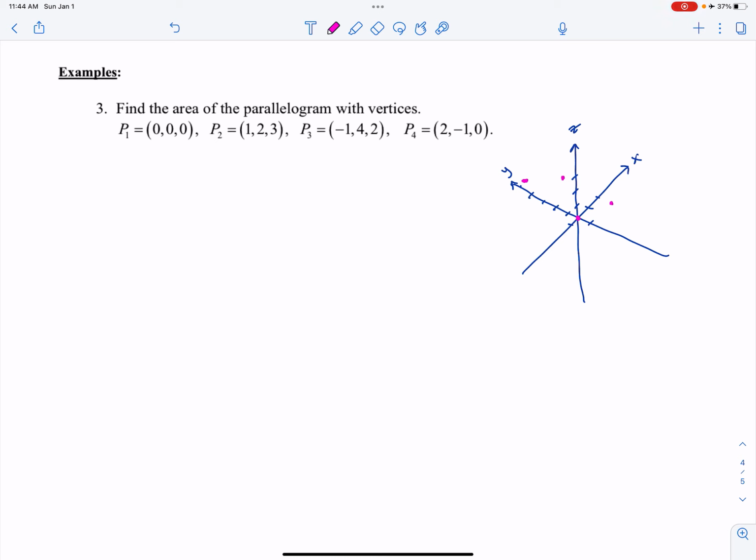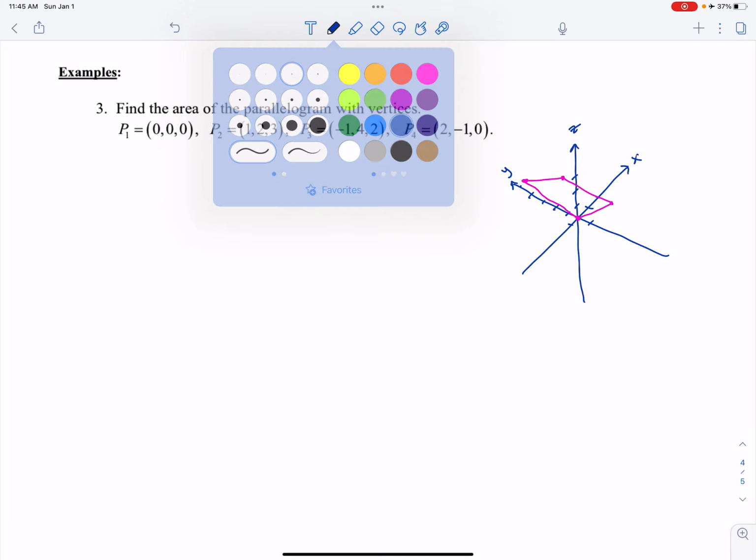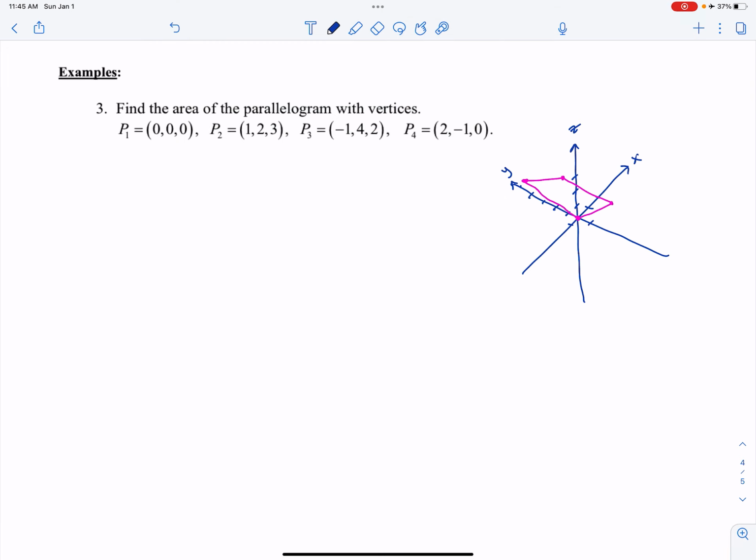Okay, so we've got something maybe like this in our 3 space. And we want to know what's the area of that shape moving through this 3 space.